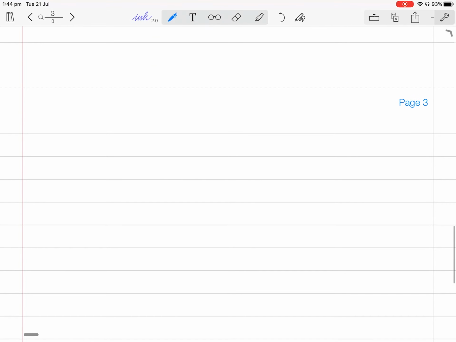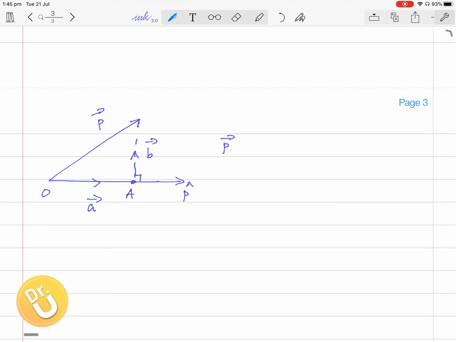Now we will understand how to find the B vector. So this is my P over here, and we found this OA vector, which is A vector, right? So what about this B vector? How to find this B vector? Using the vector addition, we can say that P vector is equal to A vector plus B vector.